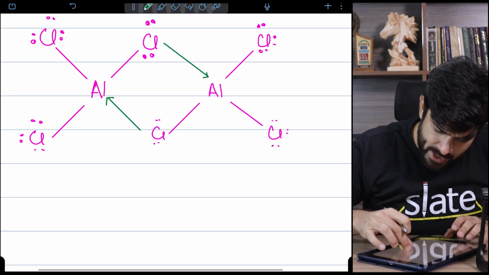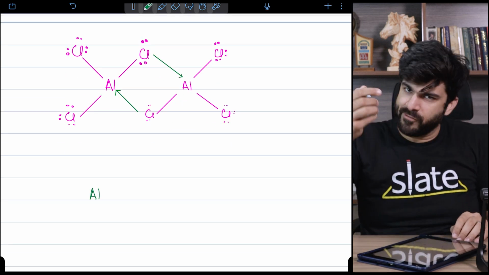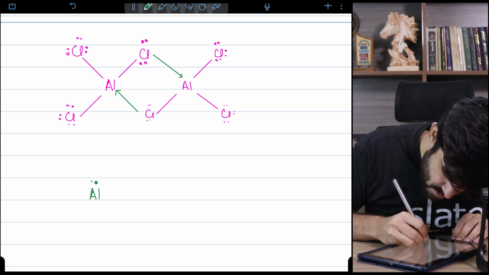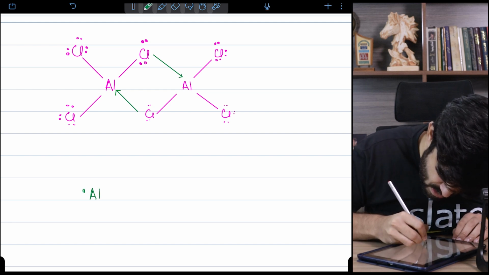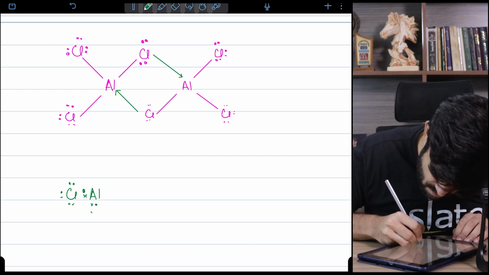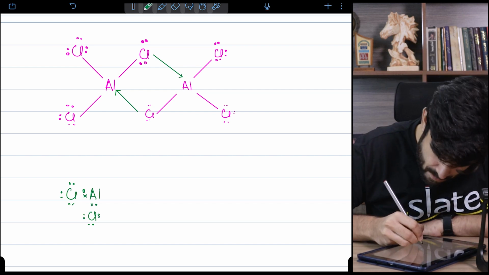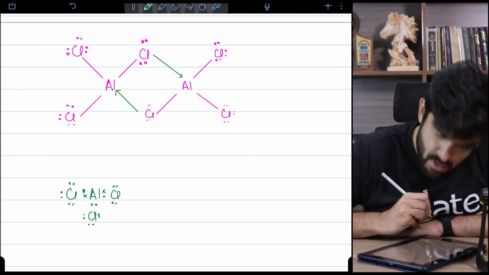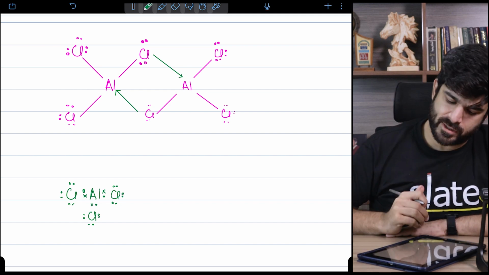You can also write it this way. This is the messier way, dot and cross diagram, if I have to make a dot and cross diagram. Now that's one chlorine, but we have 2 AlCl3s.